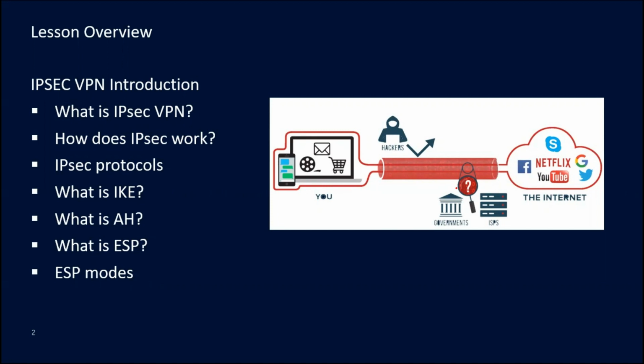So by the end of this video, you will get to know what is IPsec, how the tunnel forms, what are the two phases, what happens in those phases, and how our data is sent from one peer to another peer through a secure and encrypted medium.